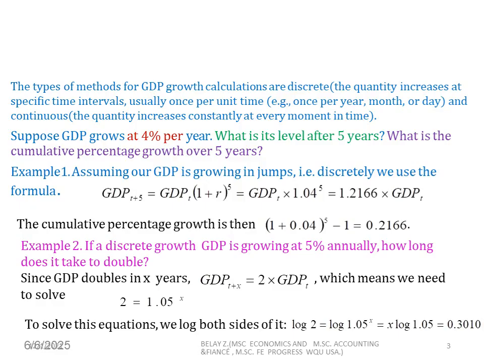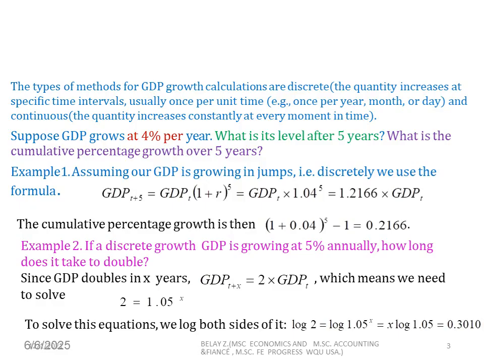And in continuous calculation, the growth rate means the quantity increases constantly at every moment in time. For example, a discrete interest rate is calculated annually. That is, its growth is calculated through discrete steps.